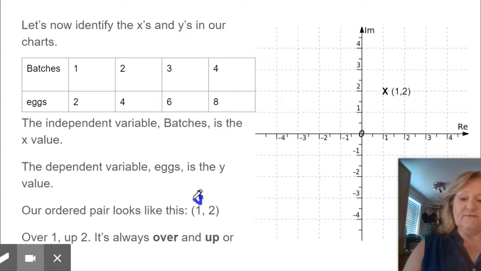Right here is my X. Sorry, and right here is my Y. So I'm going over 1 and up 2. X is always the back and forth. So if I go over 1 and up 2, I end up right here.